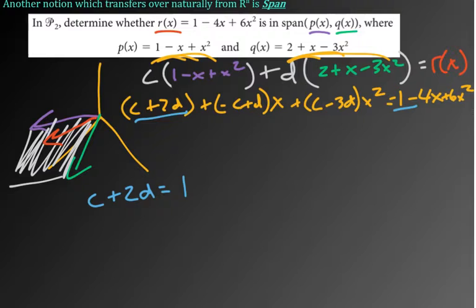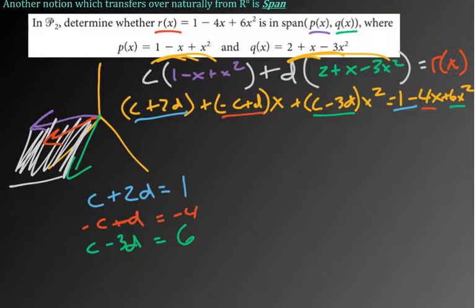Then, minus C plus D has to equal minus 4. And then last but not least, we would have C minus 3D equals 6, right? C minus 3D equals 6.